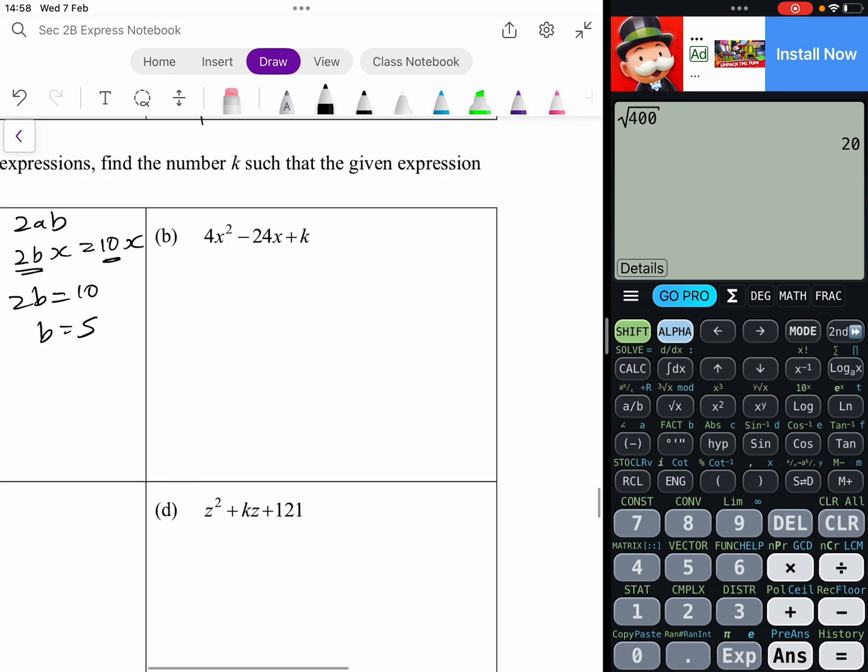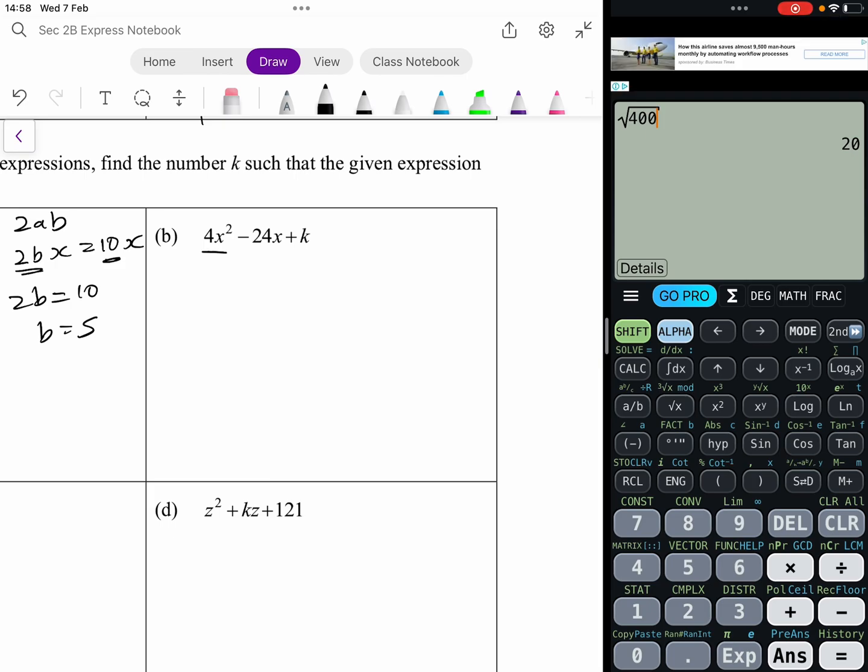Next one. Our 4x squared, right, means we can convert it into 2x squared, right, because we expand. This means that our a is 2x.